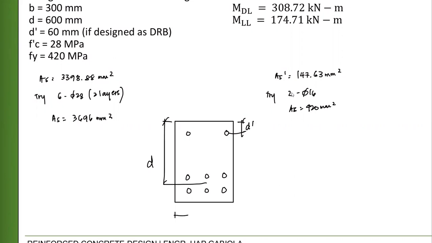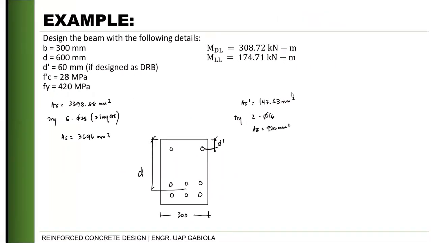Then this is our 300 mm. So that is our required section. Question on this first example? So we can provide 216 at the top and 628 at the bottom.